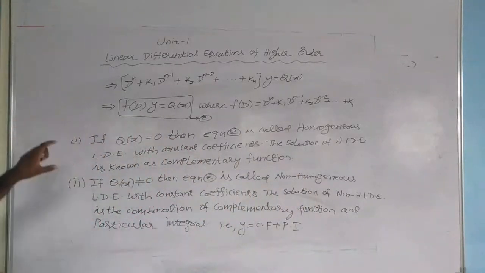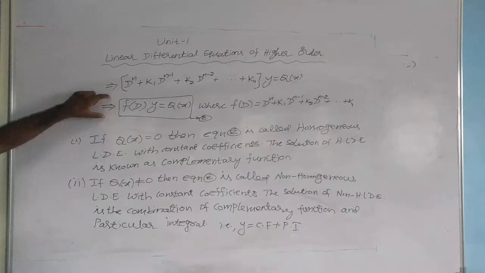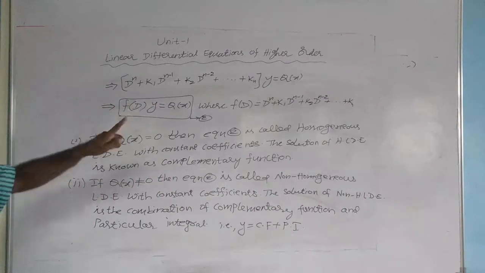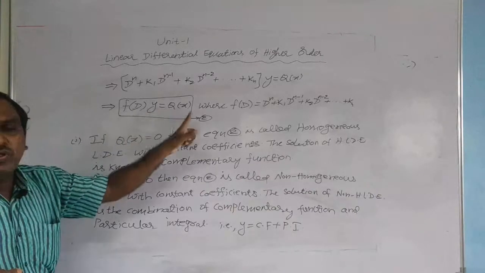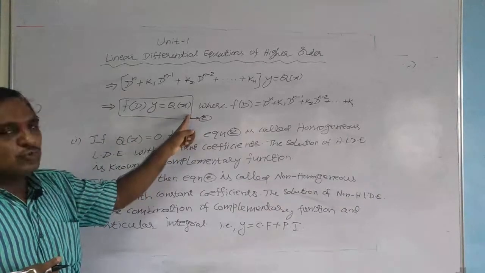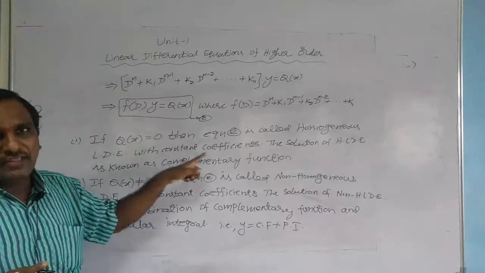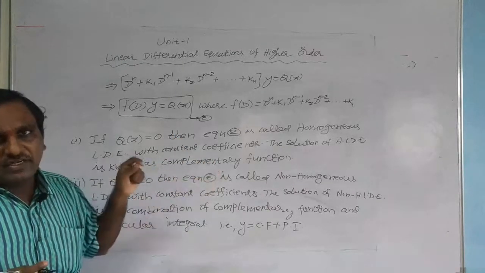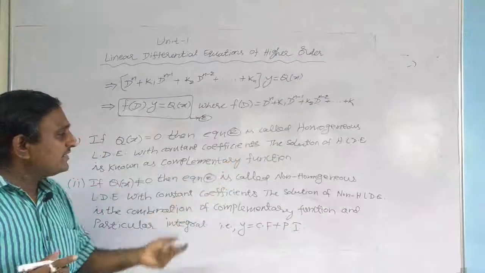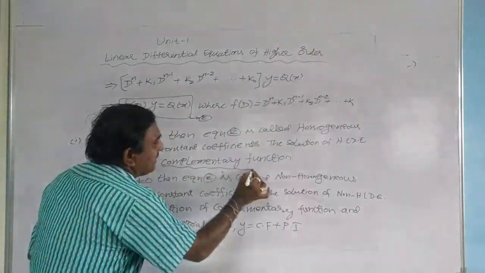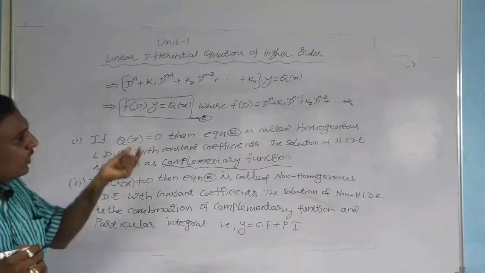Right now, so see that. What is the symbolic form of the linear differential equation with constant coefficients? f of D into y is equal to Q of x. Here we have two cases. If Q of x is 0, then equation 2 is called the homogeneous linear differential equation. The solution of a homogeneous linear differential equation is called the complementary function. Now what is case number 2?